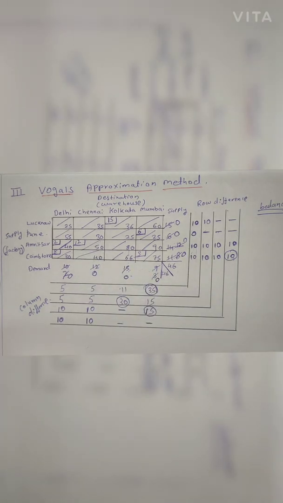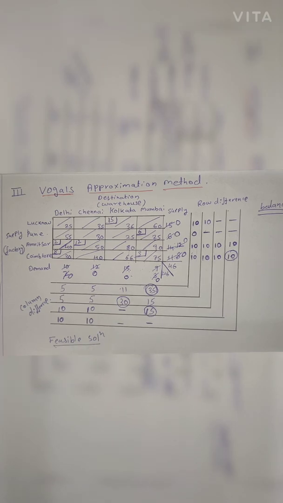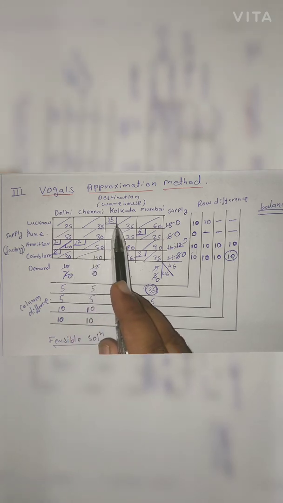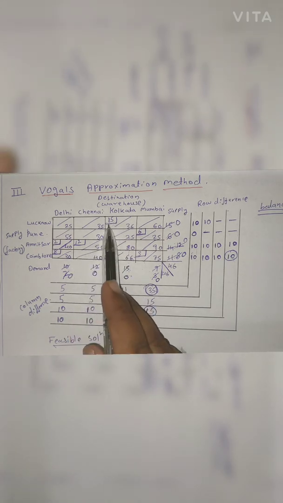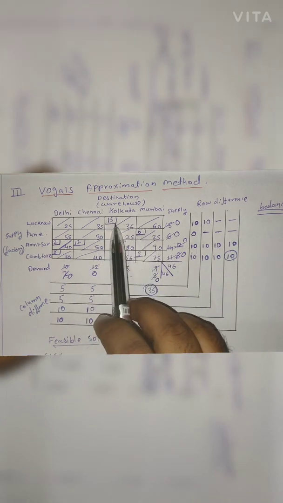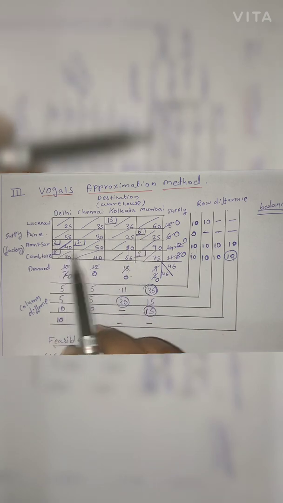Now calculation of the feasible solution. The calculation of the feasible solution is done in a similar way. In the first row we'll check 15 into, where you should check in which cell there are these boxes.